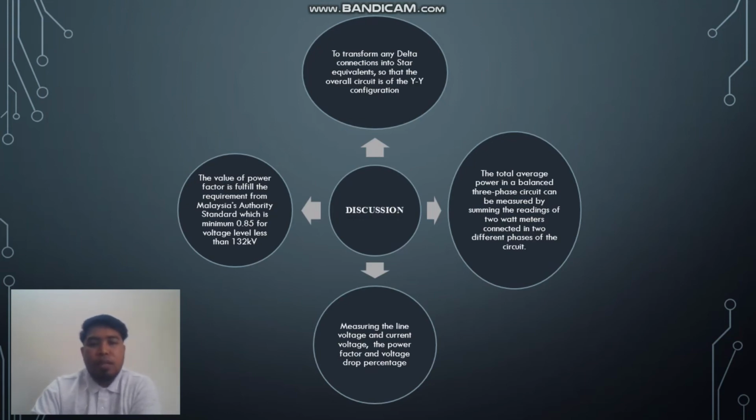Next, the total average power in a balanced 3-phase circuit can be measured by summing the readings of 2 wattmeters connected in 2 different phases of the circuit. Next is measuring the line voltage and the current, the power factor, and the voltage drop percentage in this project.